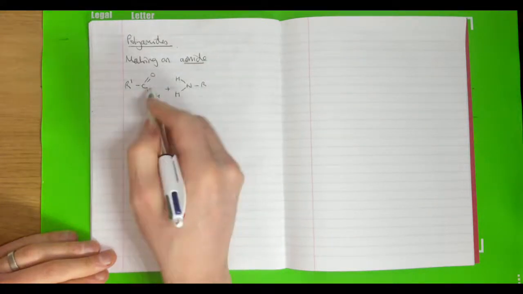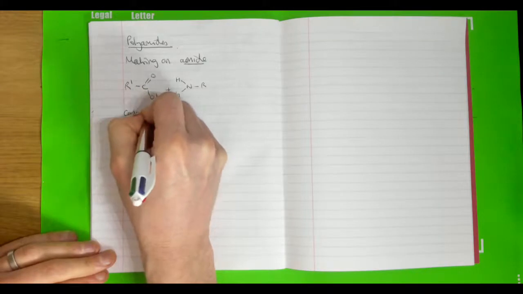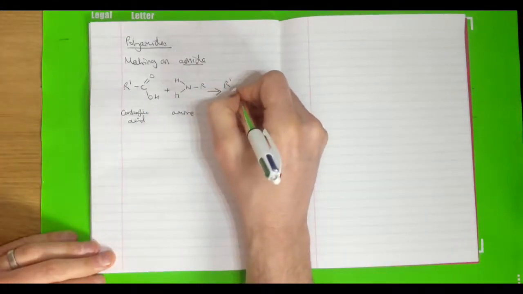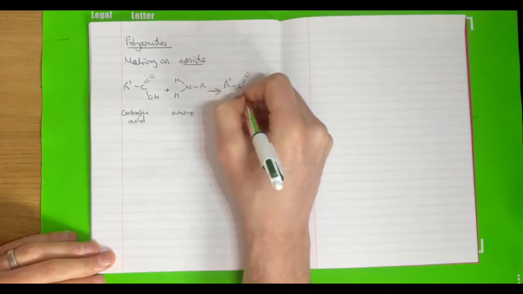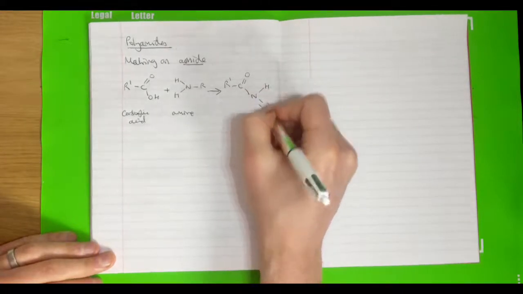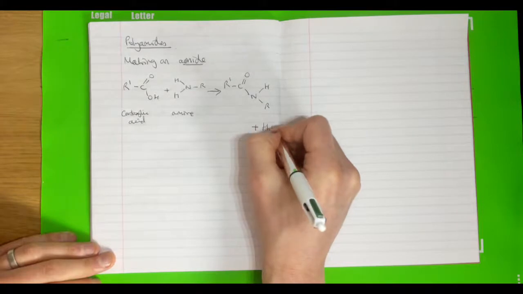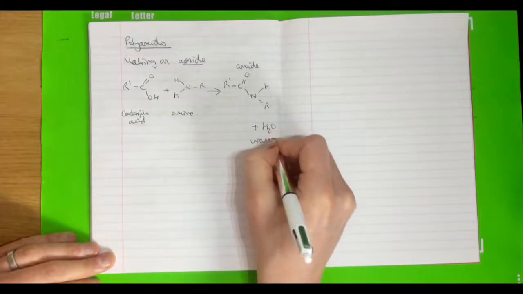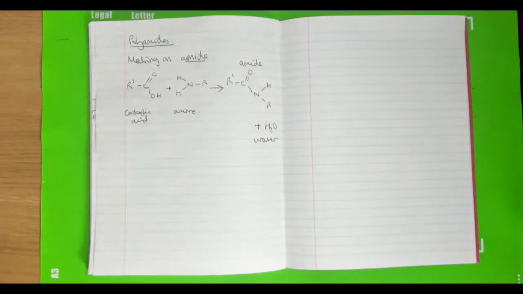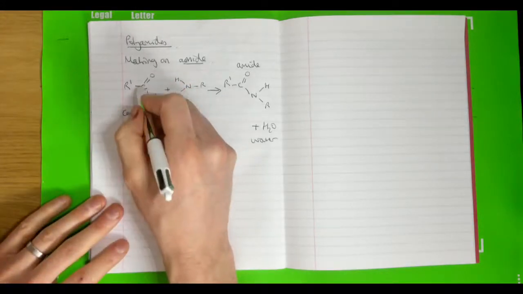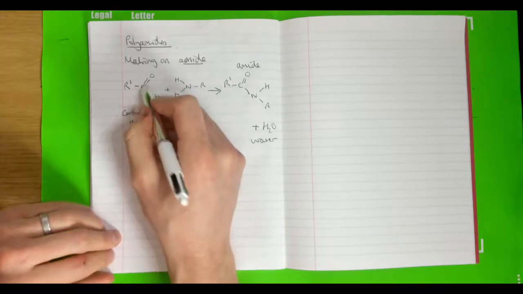So here I've got a carboxylic acid. Here I've got an amine, and that'll make an amide, and a molecule of water. Let's see where these groups came from. So we've got a molecule of water here where this bond breaks, the CO bond in a carboxylic acid breaks, just like it does when you make an ester.